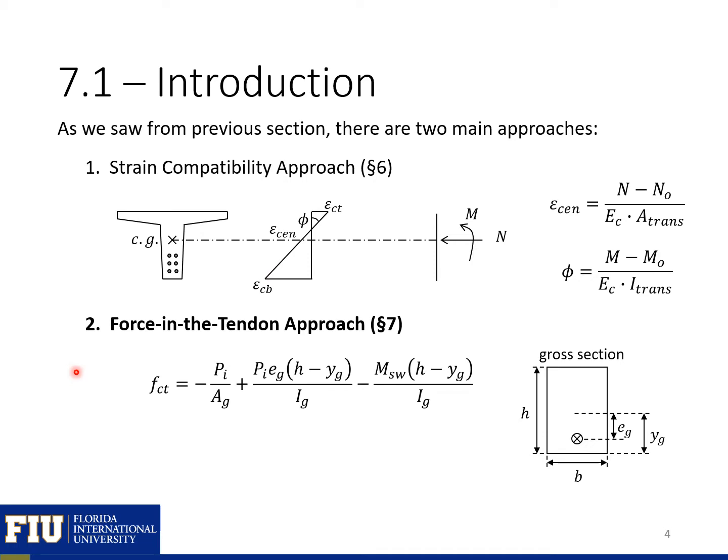In this module, we're going to talk about the Force-in-the-Tendon approach. With this approach, we will assume that the pre-stressing force is an applied force on the section, and then we'll calculate the axial stresses, the flexural stresses from the pre-stressing, and flexural stresses from any external applied load, and then sum those to determine the stress at the top and the bottom of our section.